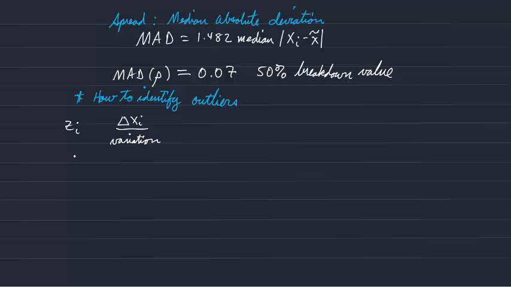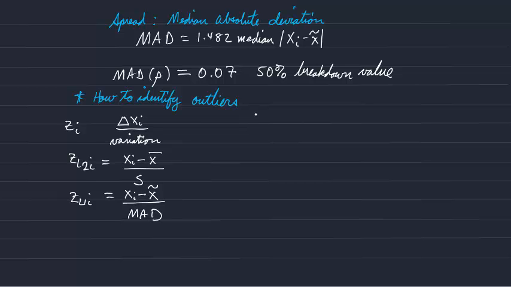So for example, if we used our L2 definition for our central location, Z sub L2 i would be x_i minus x bar divided by our standard deviation. And let's look at our L1 definition for the central location: we'll define the deviation from our median, and divide that by our median absolute deviation.